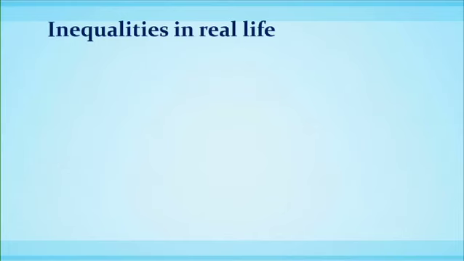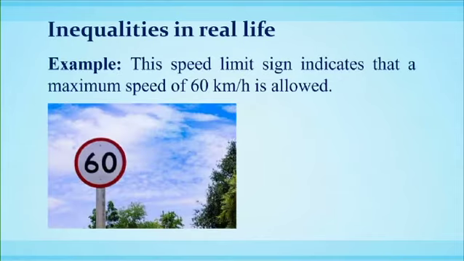Inequalities in real life. I'm sure that you have seen inequalities everywhere, but you're not actually aware that these are inequalities. Let's see. This speed limit, you've seen that while your parents were driving. The speed limit sign indicates that a maximum speed of 60 km per hour is allowed.